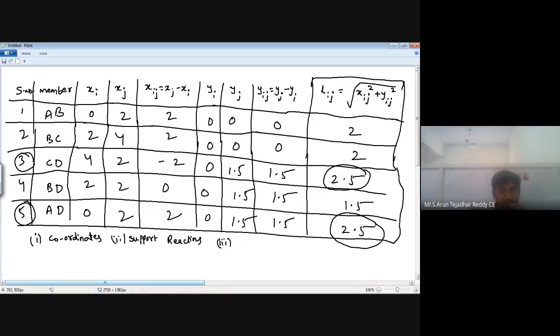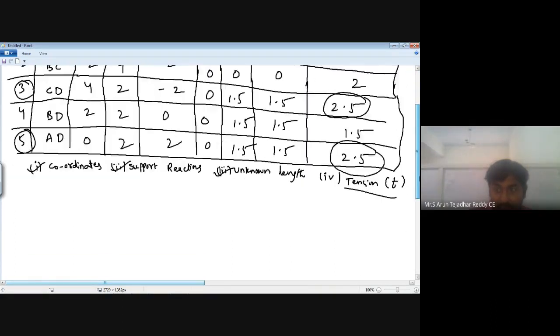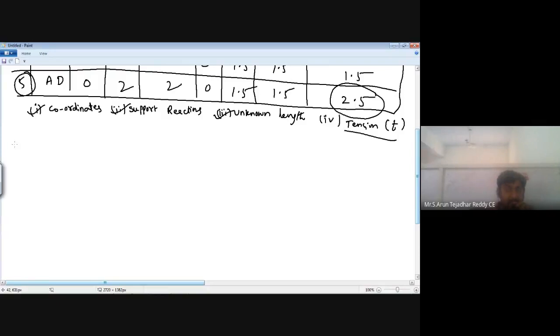Third is to calculate unknown length members, and the fourth step is to find the tension coefficient, indicated as a small t. First, second and third steps are completed. Now coming to the fourth step, calculate the tension coefficient, small t.